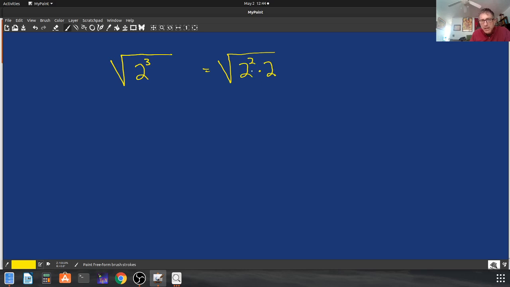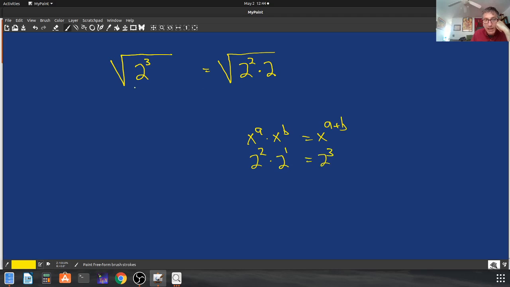Why? Because this is just using my old multiplication rule for powers: x to the a times x to the b is equal to x to the a plus b. So 2 squared times 2 to the first is equal to 2 cubed.